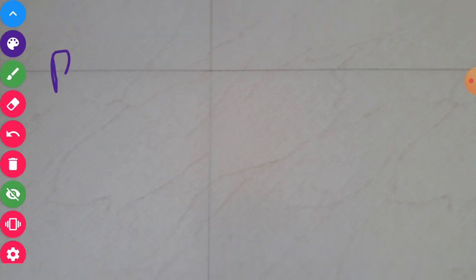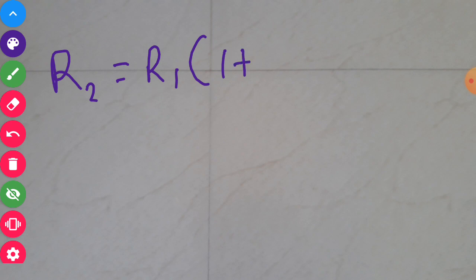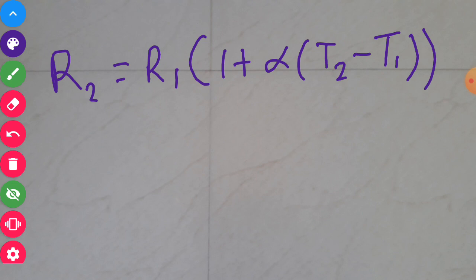You can use the formula that we know very well. Final resistance R2 is equal to initial resistance R1 times 1 plus alpha into T2 minus T1, and put these values here. Just put the values and you will get the value of alpha.